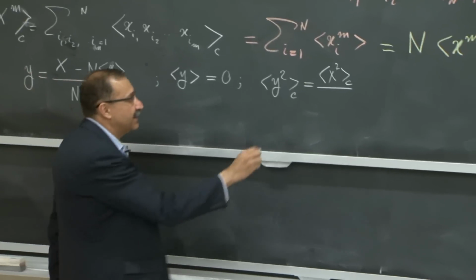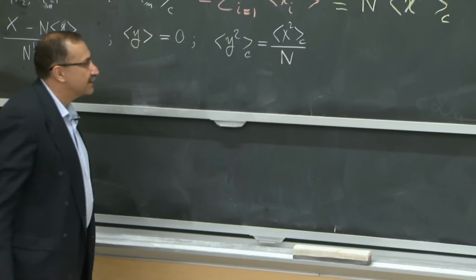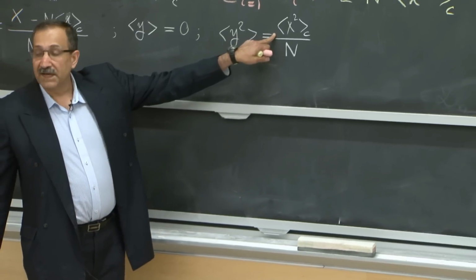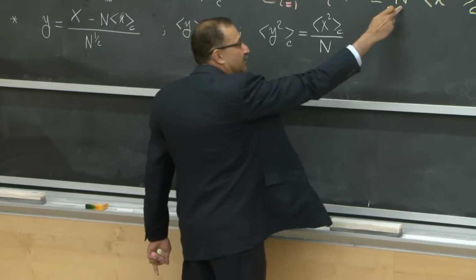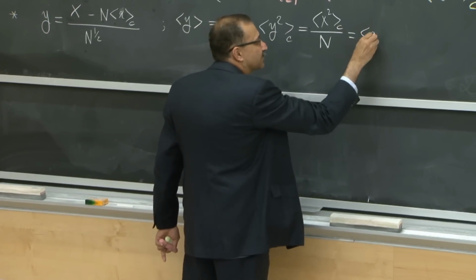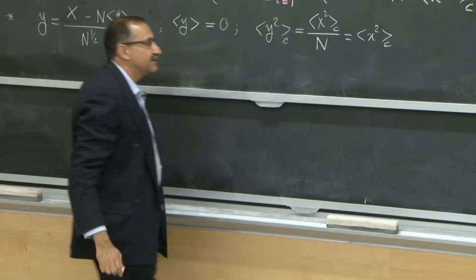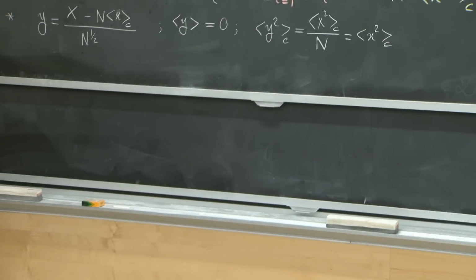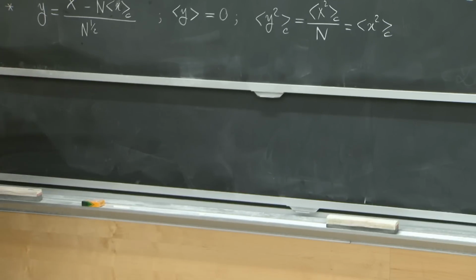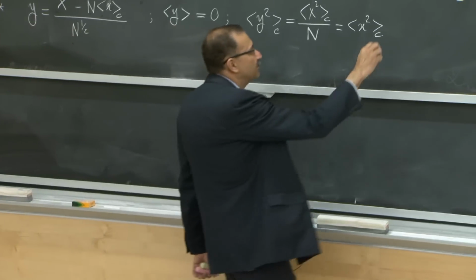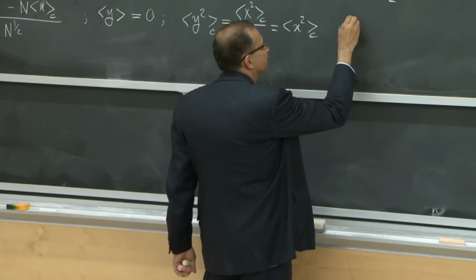So I will have n, and x squared, big X squared cumulant, according to this rule, is n times small x squared cumulant, and I get something like this.